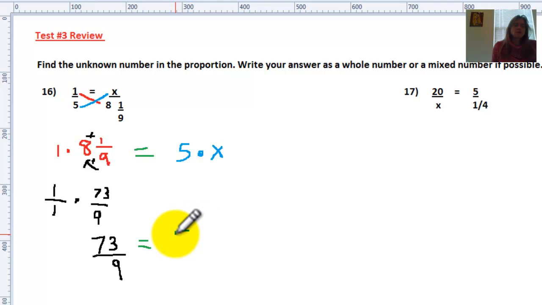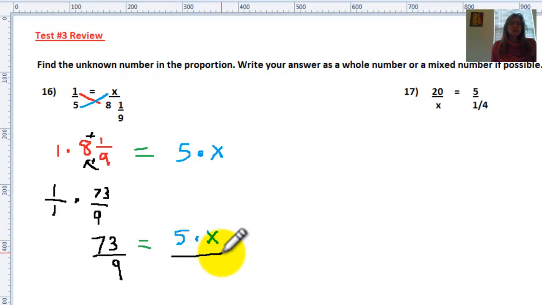Now in order to separate the 5 from the x, or get the x isolated, we have to divide by 5, because that will eliminate the 5 on this side of the equal sign, but whatever you do on this side has to be done on the other side.